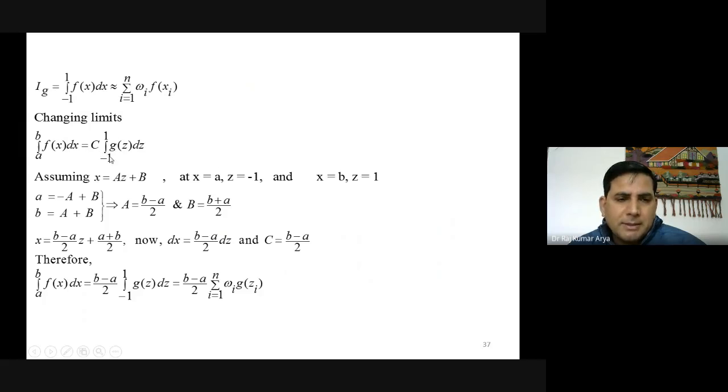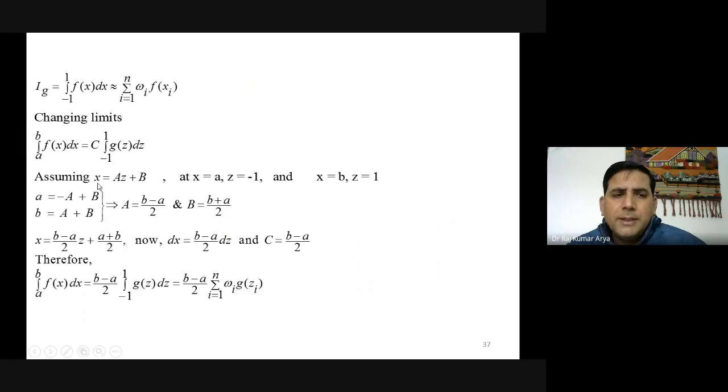So this is what I told you, how to change the limit of any integration. So a to b f(x) dx, you want to convert it to -1 to 1 g(z) dz, and obviously some constant may or may not come, that we don't know actually.